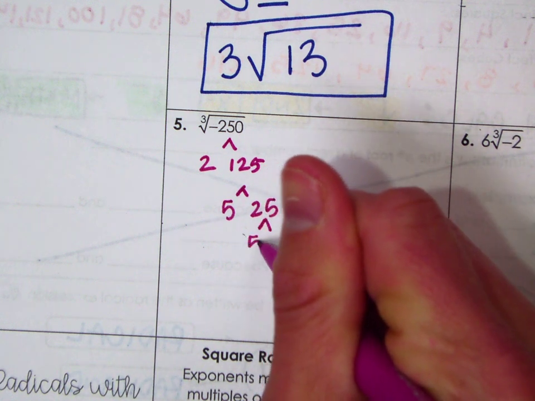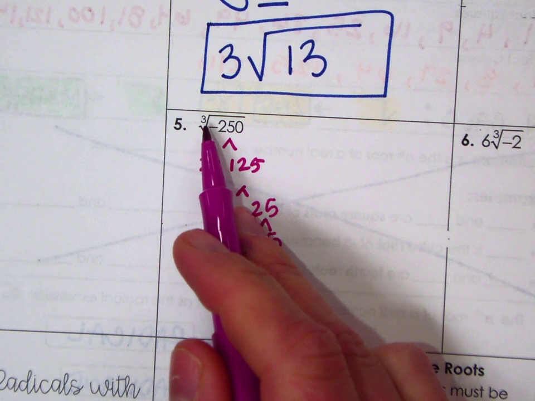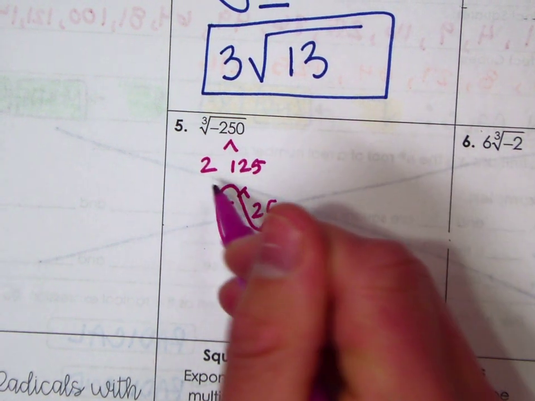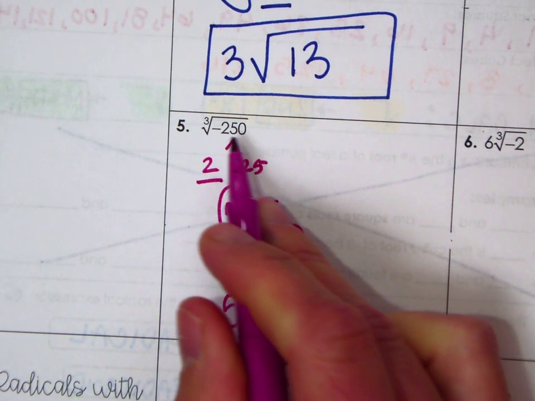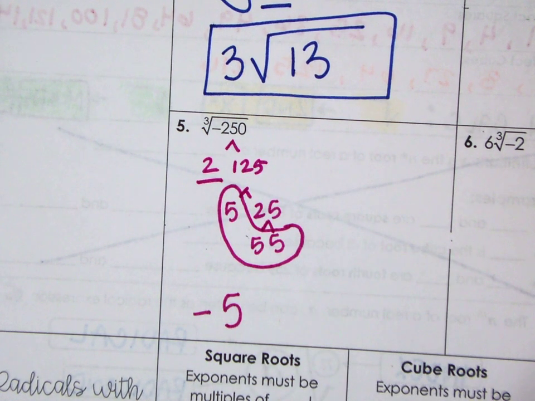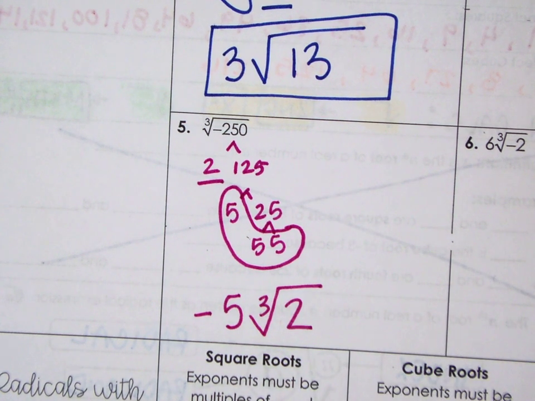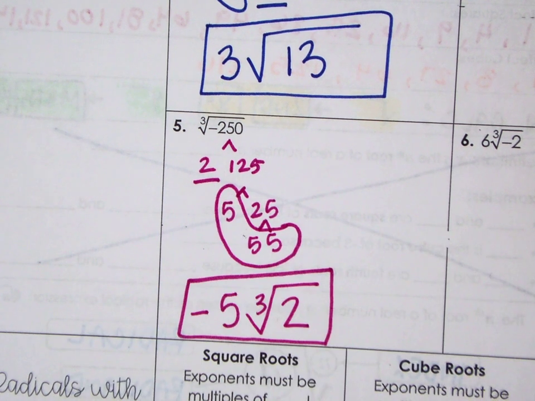And 25 breaks down to 5 and 5. Because this is a cube root, you're looking for groups of 3. So I have 3 5s and a 2 left over. So if my 5s are going to come out on a date, the negative is going to come out with it. And my leftover 2 is going to hang out on the inside. And if you were to type that in your calculator, it'd give you the same decimal as if you typed in the original one.